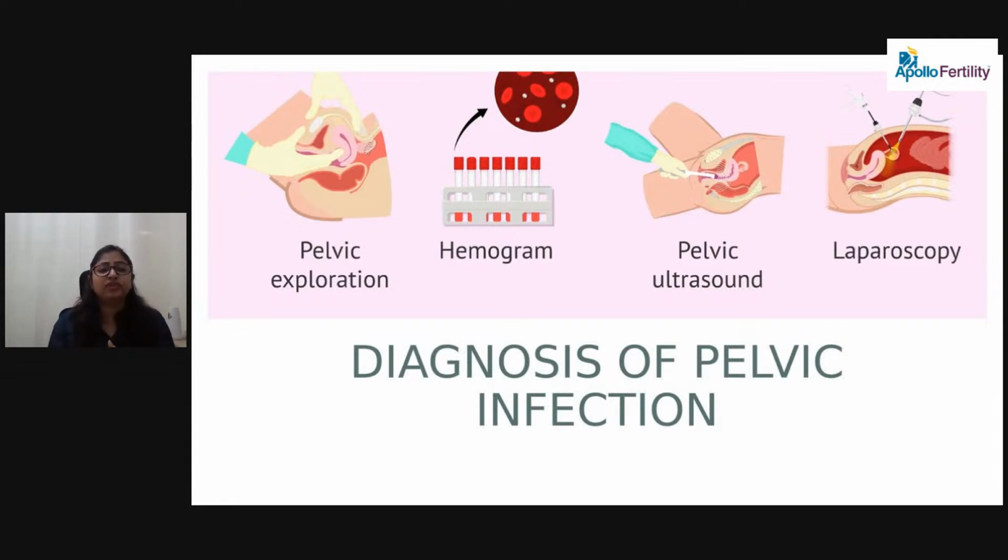These are the signs of infection. When we examine, we do a pelvic examination, we insert a speculum, or just examine. We get a feel of any pain, any type of discharge. These are all things which help us in diagnosing the infection.